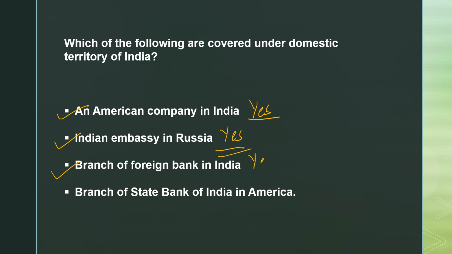Yes, because it is in India, and again we do not need special permission to enter that area, so that would be part of domestic territory. Last, a branch of SBI in America. So no, it would not be considered as part of domestic territory because it is not in our territory and it is a bank. It is not any embassy, consulate or military establishment.